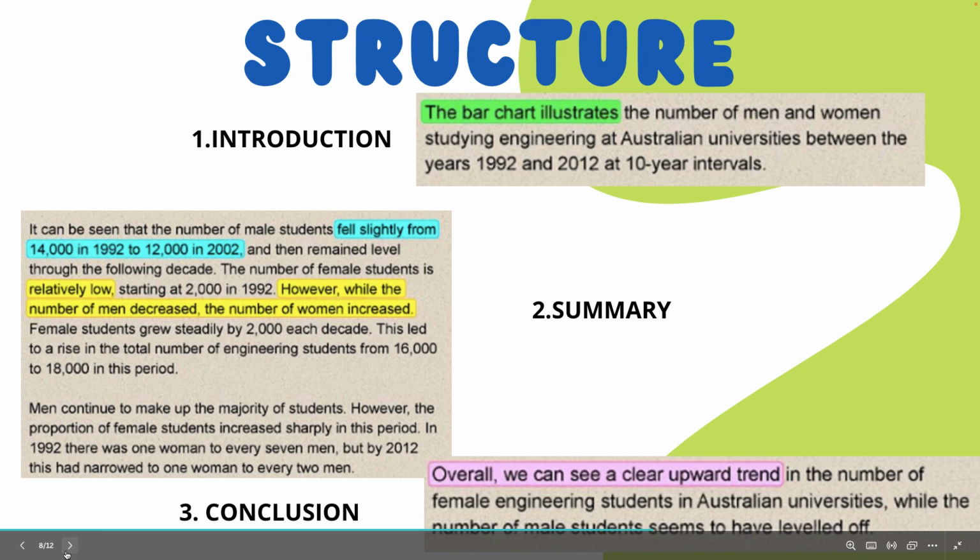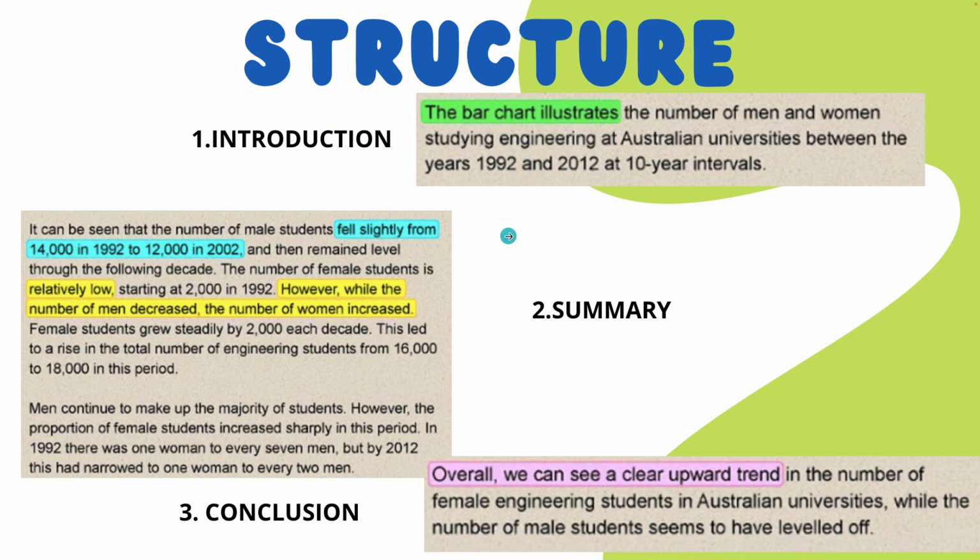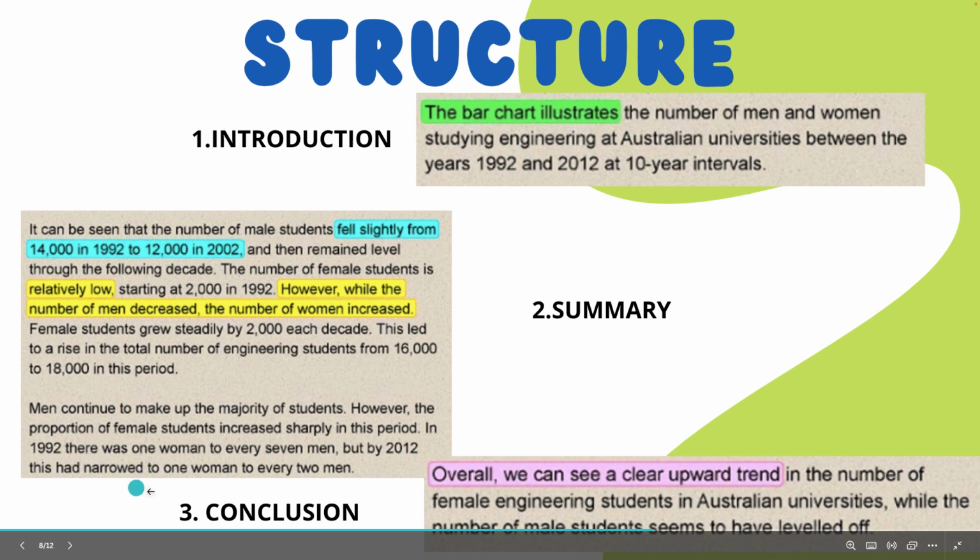Okay? As you can see, we have an introduction in which we start by saying the bar chart illustrates the number of men and women studying engineering at Australian universities between the years 1992 and 2012 at 10-year intervals. Then we have the summary. We organize the information and we give data.